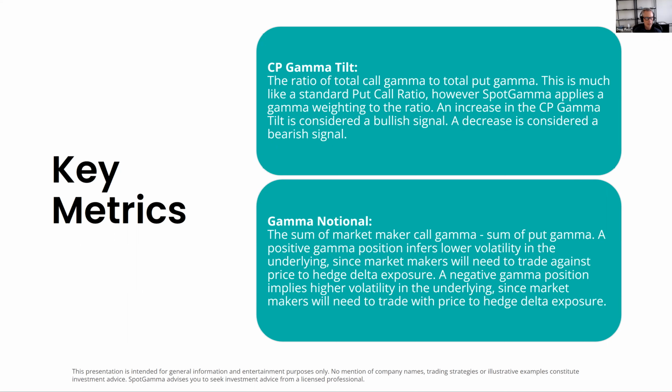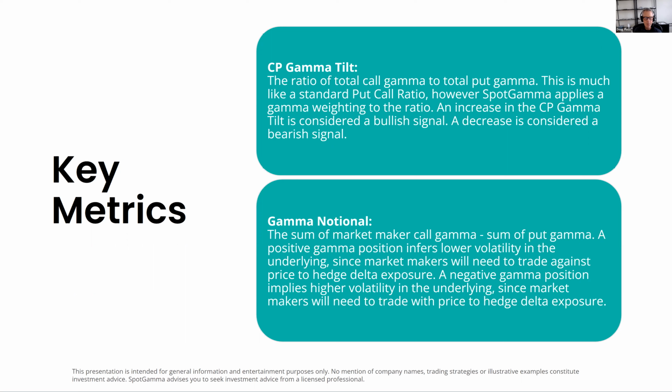And again, referring back to the discussion of the volatility trigger, a positive gamma position infers lower volatility in the underlying, since market makers will need to trade against price to hedge their delta exposure.